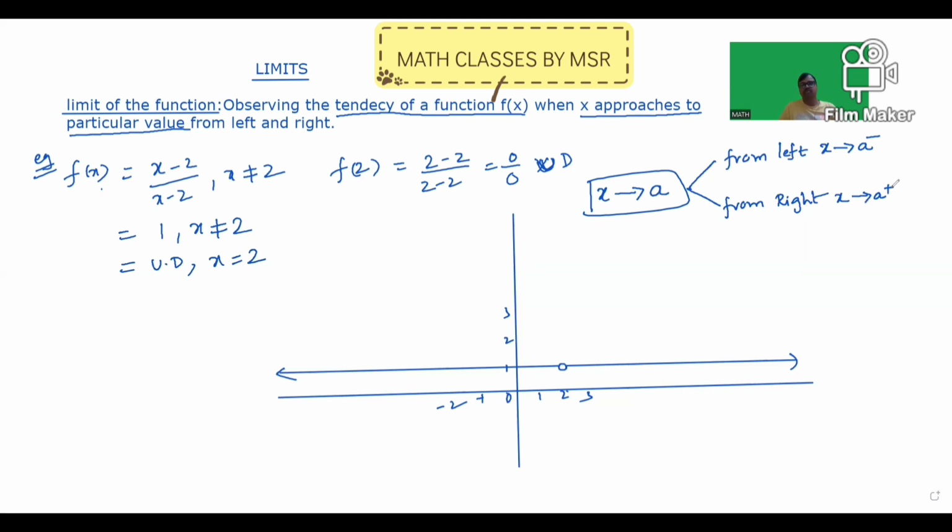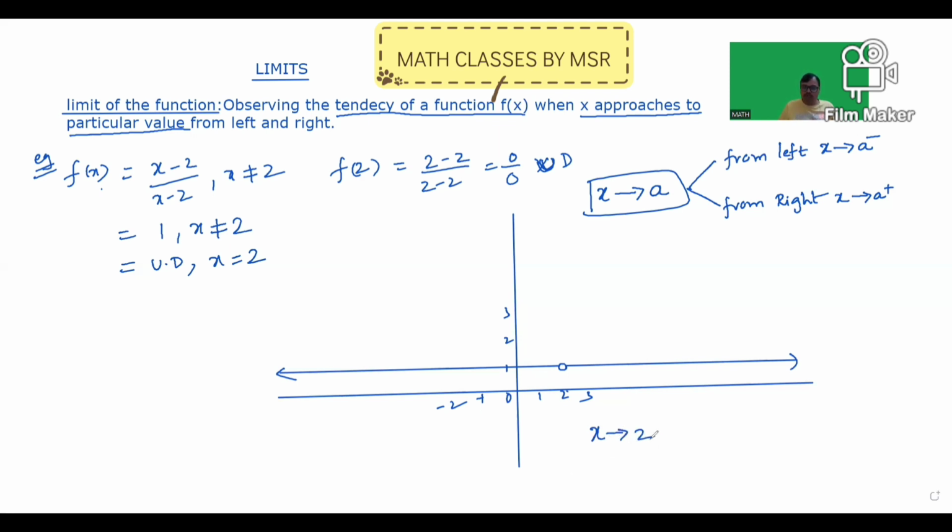So what is the meaning of that? x tends to a minus means all the values of x which are smaller than a and very near to a. Suppose x is approaching 2, what is the meaning?